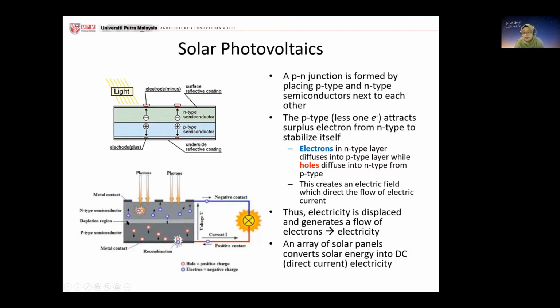However, if you look here, there's a depletion region. This is a barrier where electrons cannot pass through. So what happens is that it needs to go through the electric field, and this generates a flow of electrons.